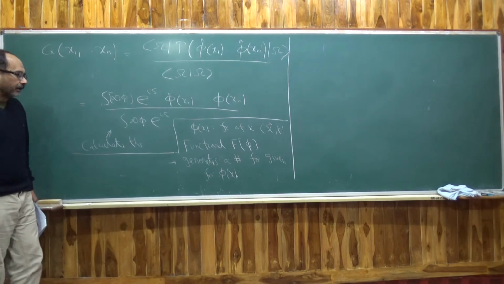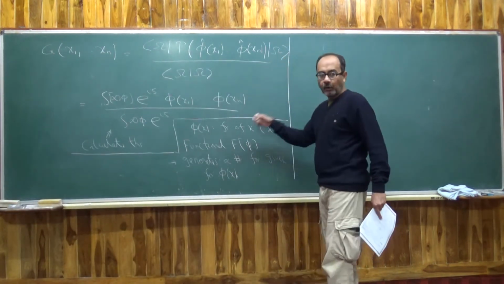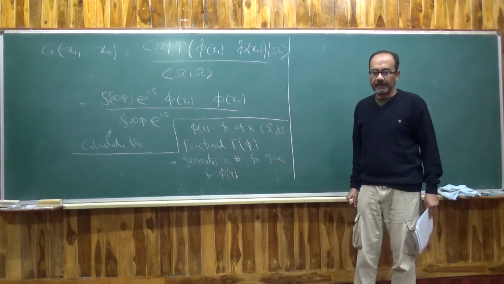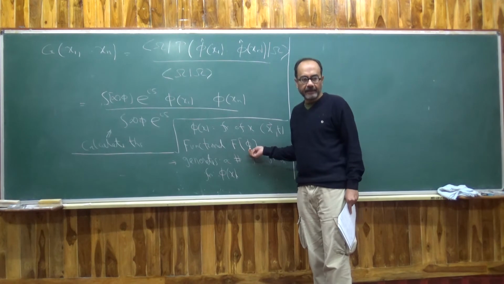In general, it contains information about a full function, which means the value of phi at all x, and given that information, F of phi generates a number.